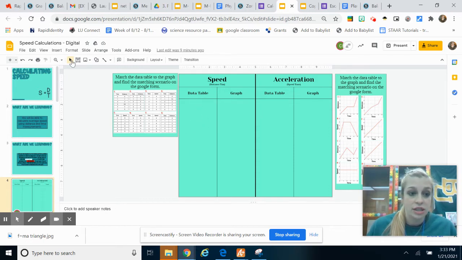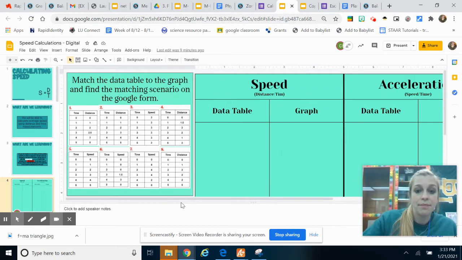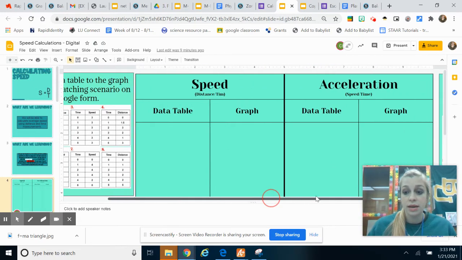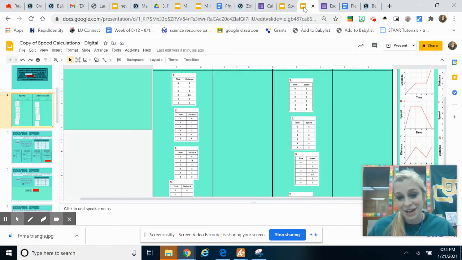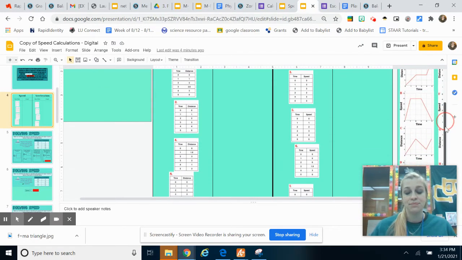So like if I zoom in, some of these data tables say distance time, and some say speed time. So I would go ahead and drag all my time and distance over here and all my speed and time over here, which I did ahead of time. So I have those dragged to their correct sides.